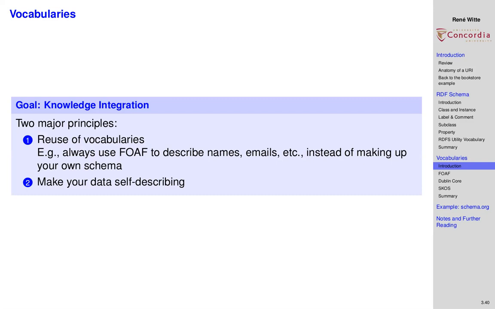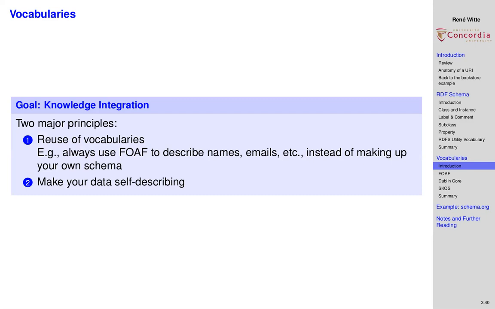And then somebody else could again write their own vocabulary for describing names and emails and call it differently. And now you have these two graphs described using two different vocabularies, and you don't really have a way to connect these two graphs because they have a different vocabulary. You could only match nodes based on the URI, but not on the semantics like names and emails.